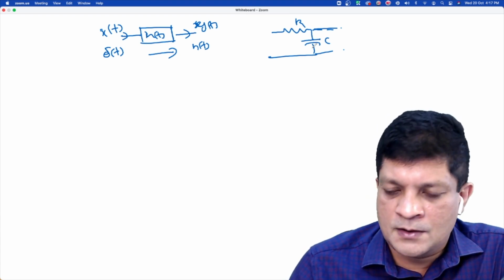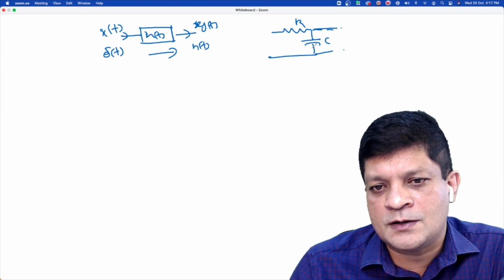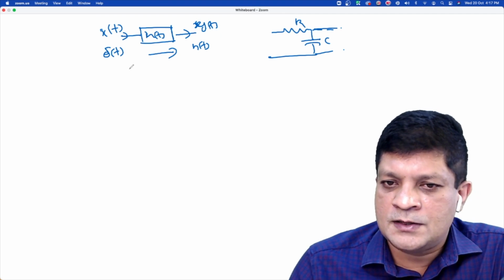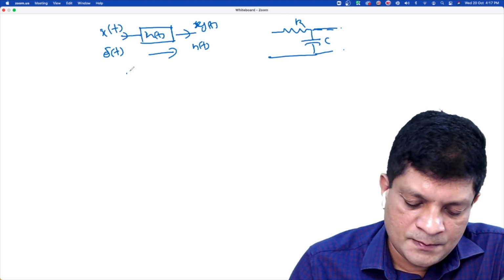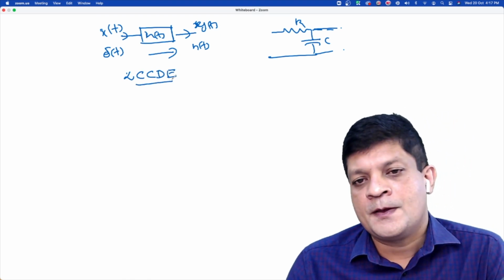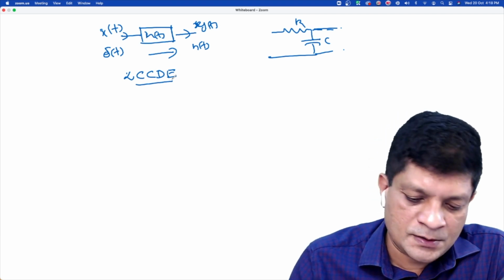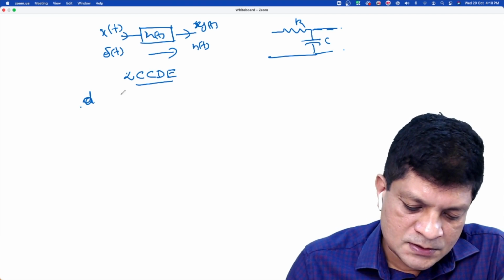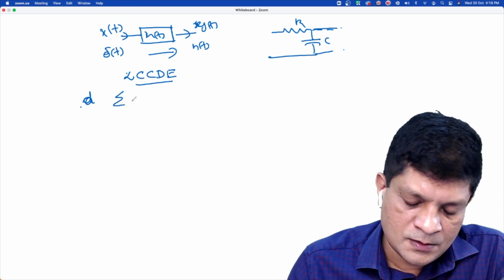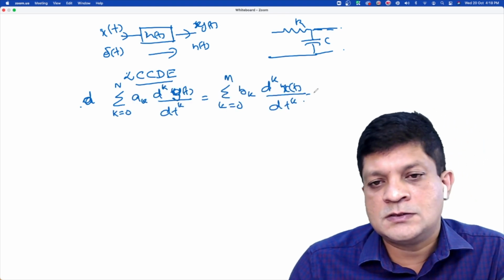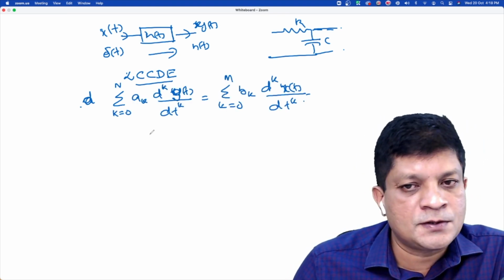Another important class of LTI systems is the systems that are described by linear constant coefficient differential equations. This is the general form of a linear constant coefficient differential equation.